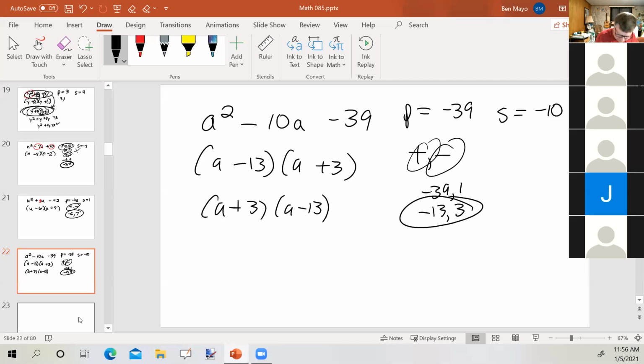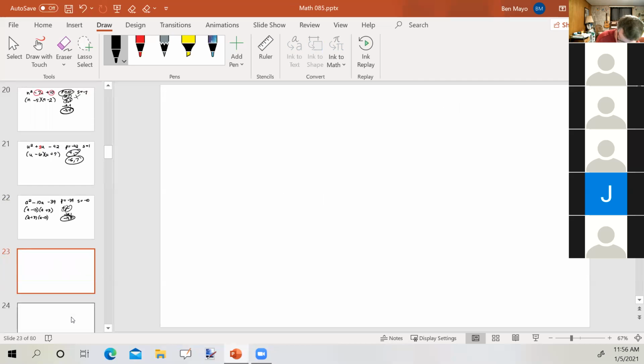Okay, pressing onward. Negative x squared plus 9x minus 20. Now, we have a trinomial. It's in standard form.